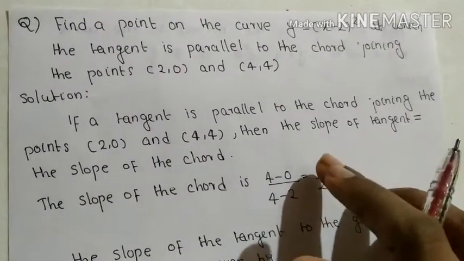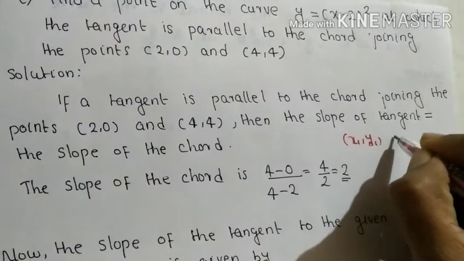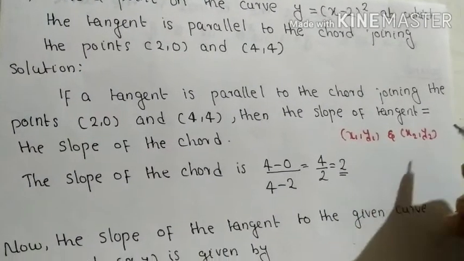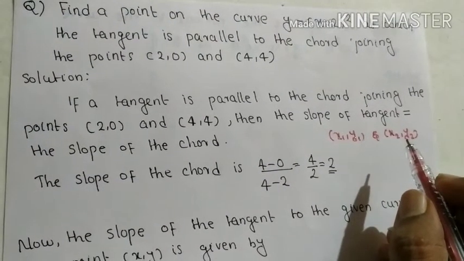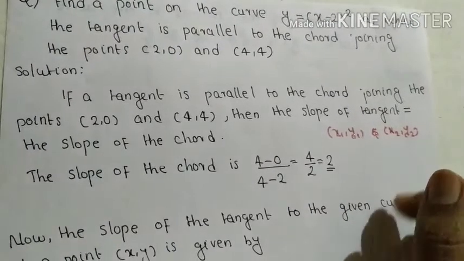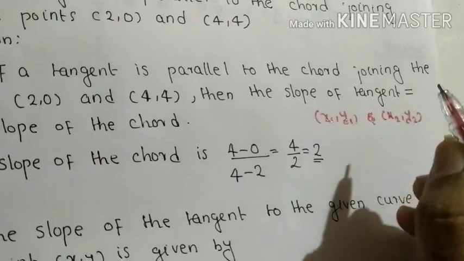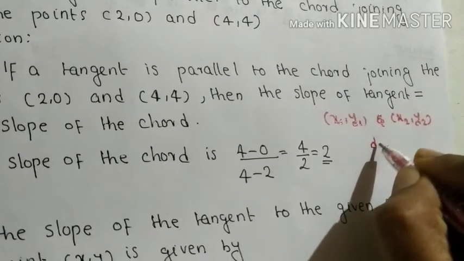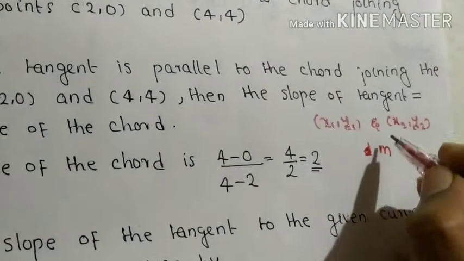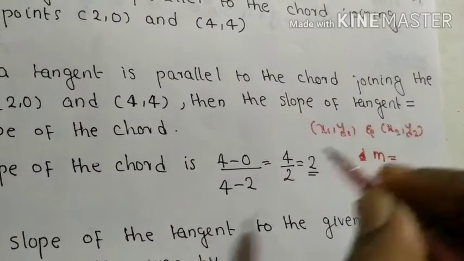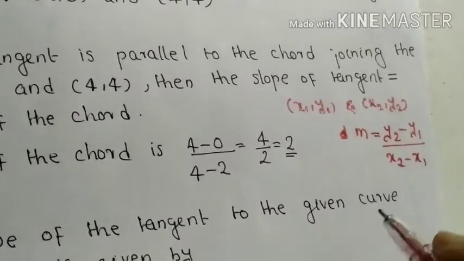If (x1, y1) and (x2, y2) are the 2 points joining the chord, the slope between these 2 points, which we denote by m, is equal to y2 minus y1 divided by x2 minus x1.